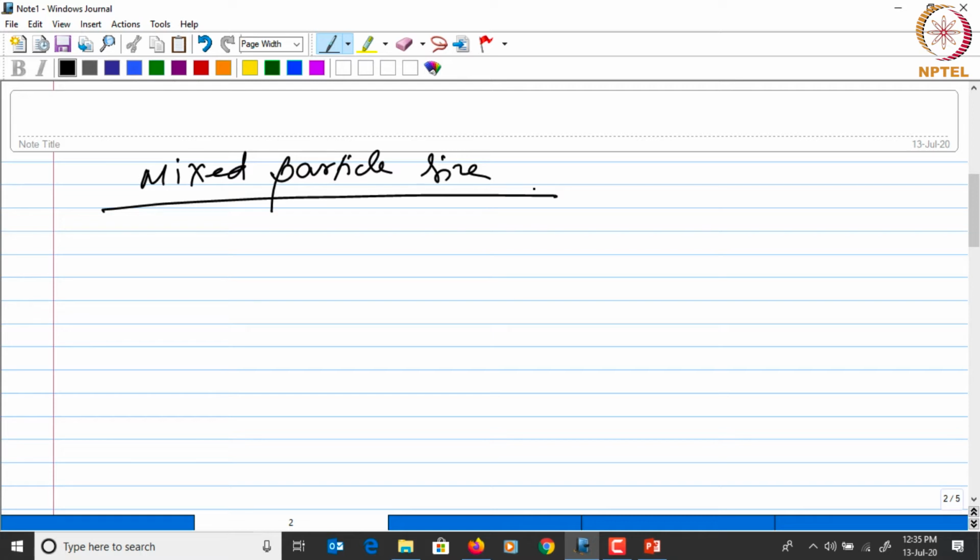However, as the average particle size increases, the sintered density will decrease.